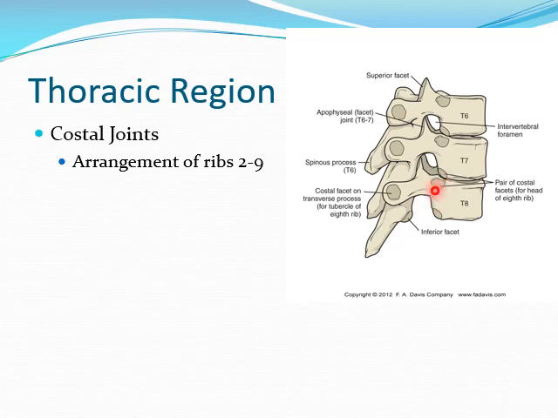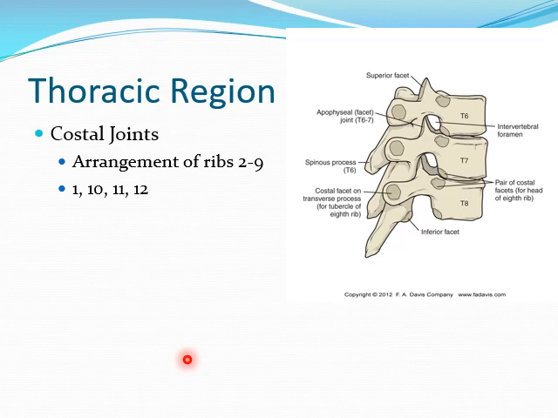What we call the atypical ribs are ribs 1, 10, 11, and 12. Those ribs only articulate with the corresponding vertebrae. In other words, the first rib only articulates with T1. It doesn't connect to any other vertebrae. Same thing with 10, 11, and 12.